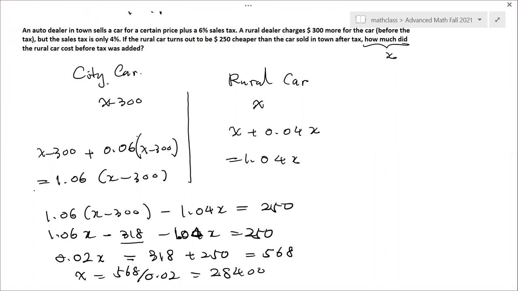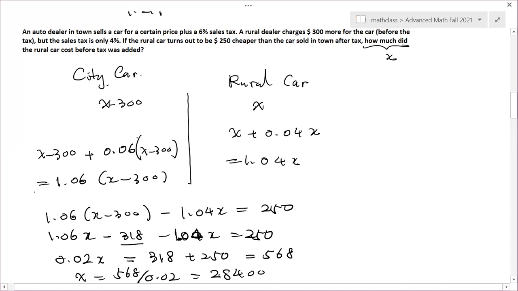28,400. You can ask your parents how much a brand new car costs. Some cost this amount, some are a little bit cheaper. I'm talking about brand new cars. All right, so we named the variable. Now, if you denote by X the list price of the car in the city, then don't forget that at the end you have to add $300.